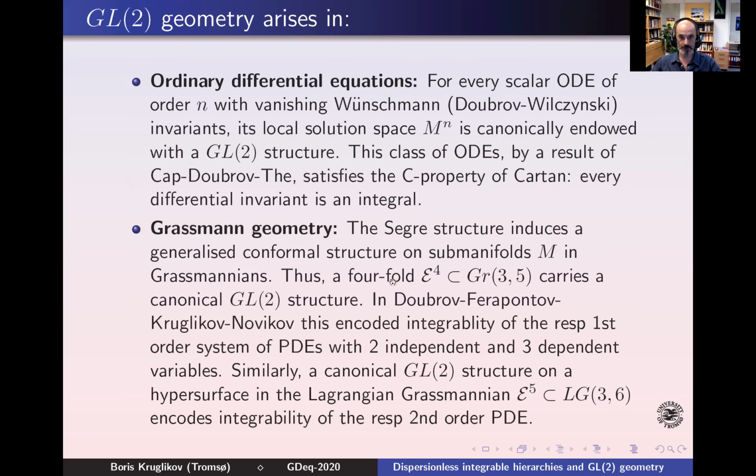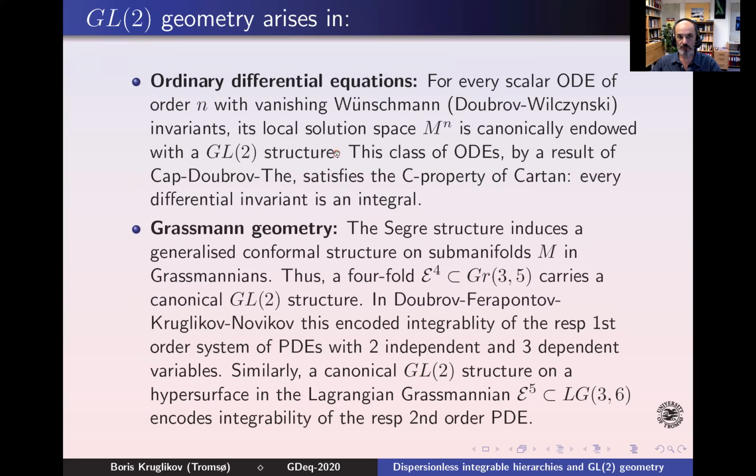In ODE theory, if you consider a scalar ODE of order n with vanishing Wünschmann or Doubrov-Wilczynski invariants, then its local solution space is canonically endowed with a GL2 structure. And it's not an arbitrary GL2 structure, we'll talk about it later, the so-called involutive.